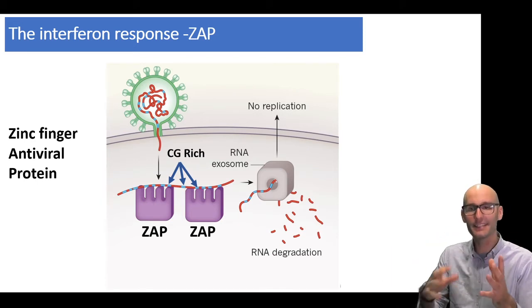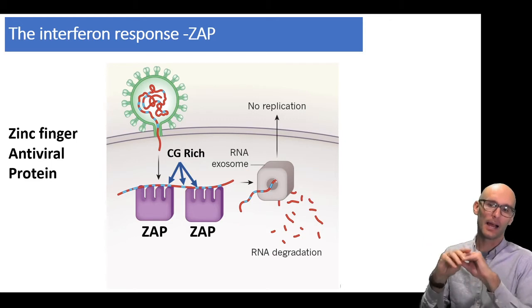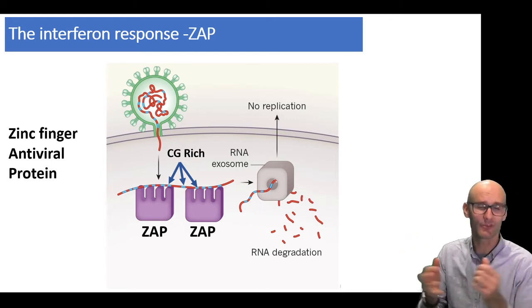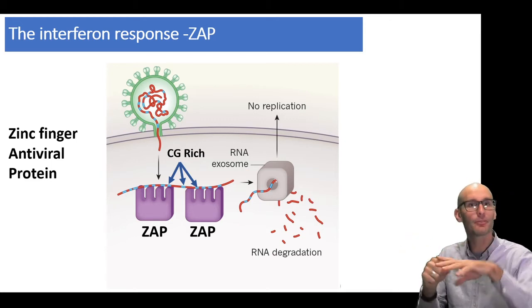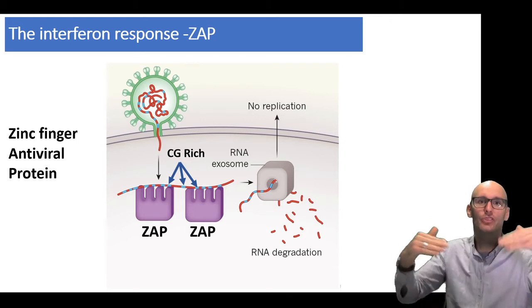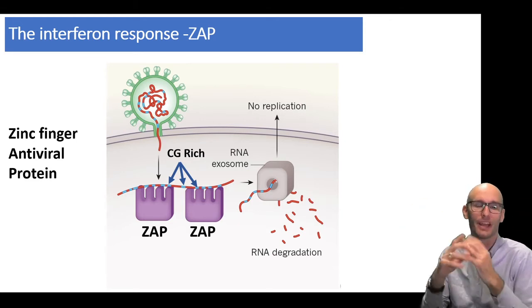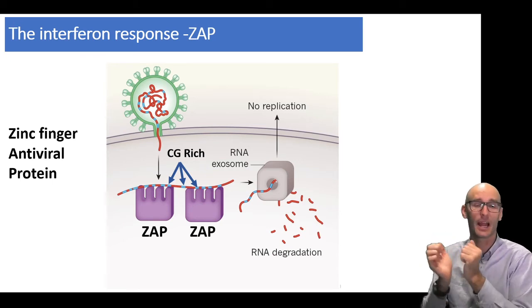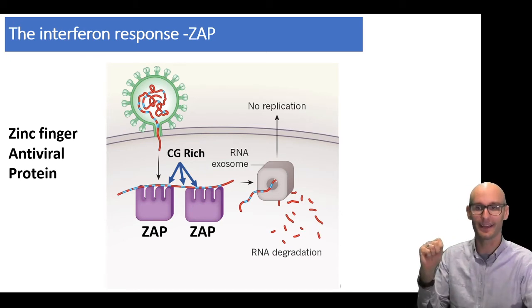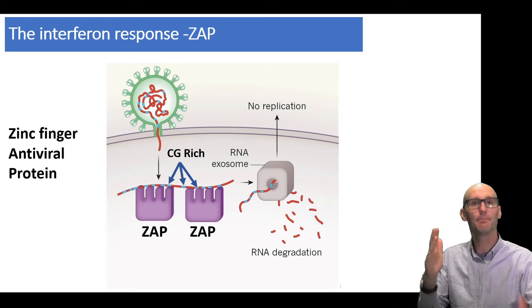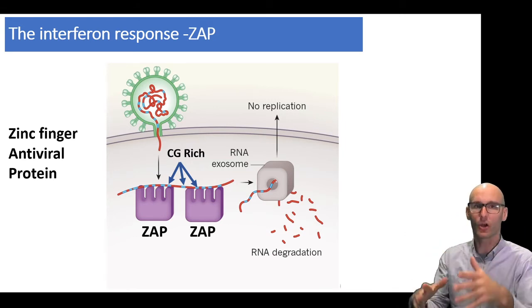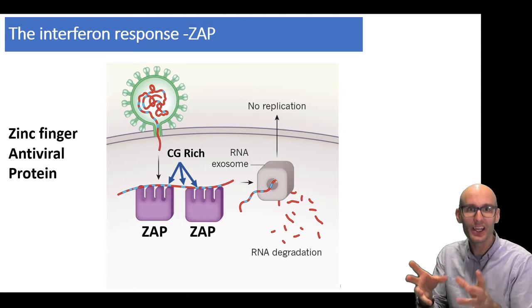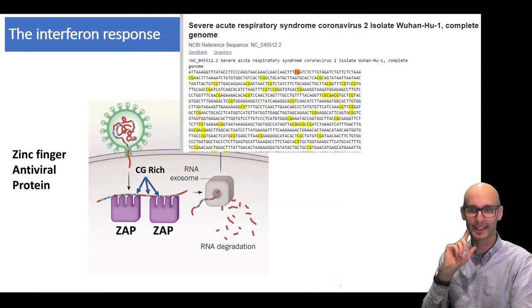And once it binds to it, now the RNA is kind of useless, right? Ribosomes can't bind to it. It can't be used to replicate more of the viral genome. So now this protein's bound to it, it becomes useless. And this useless RNA with a protein bound to it then gets degraded, right? So this ZAP protein binds to viral RNA, stops its use, and signals it to be broken down.